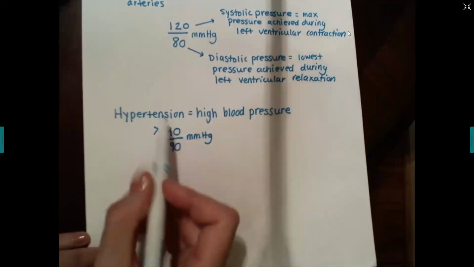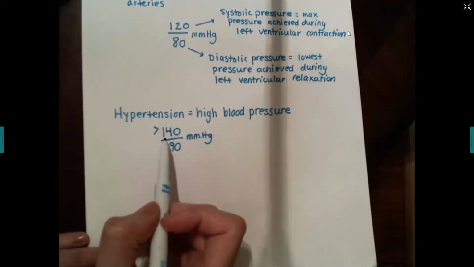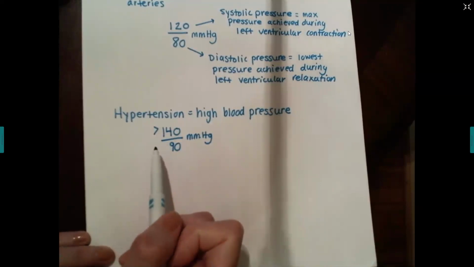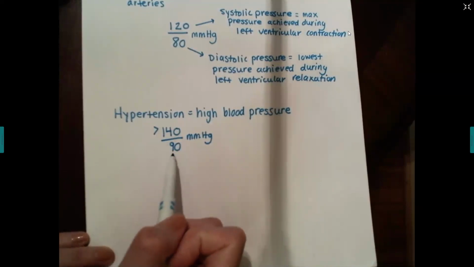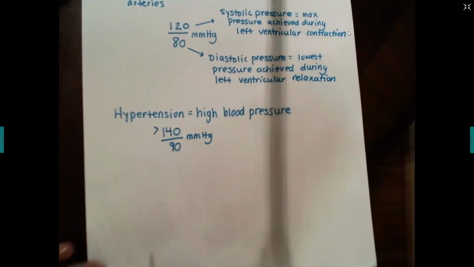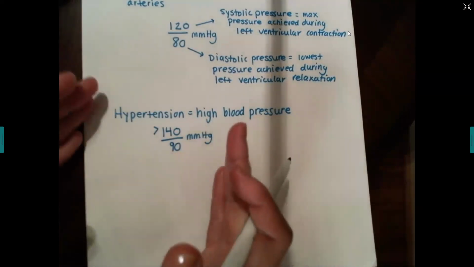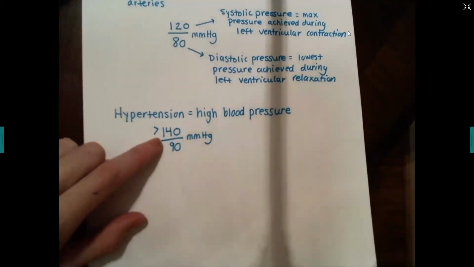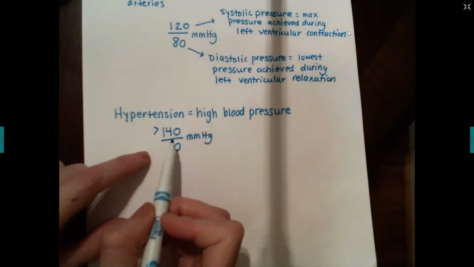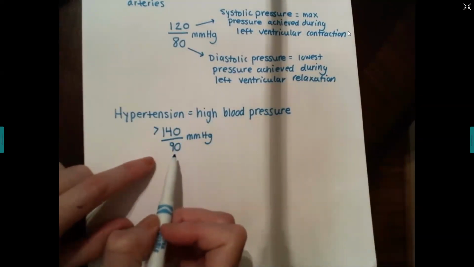Remember that 140 is your systolic number. That's the max pressure achieved when the left ventricle contracts. The bottom number is your diastolic number, and that's the lowest pressure achieved whenever that left ventricle is relaxed. Hypertension, definition-wise, is when you have a persistent reading of greater than 140 over 90.